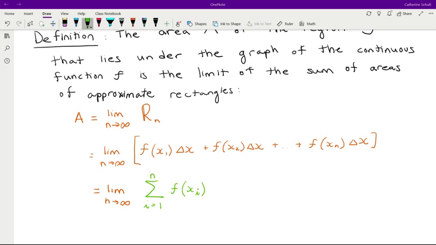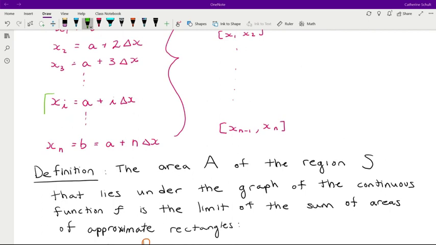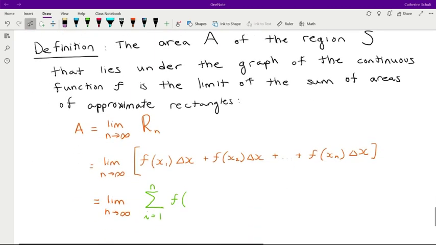And even more particular, let's back it up. It is x sub i, but x sub i is this. So let's use that, right? Our starting point is a, and then we're adding i copies of delta x. So we'll write a plus i delta x times delta x, the base of the rectangle.